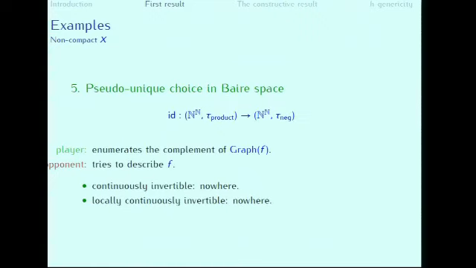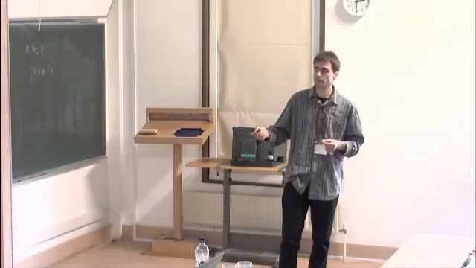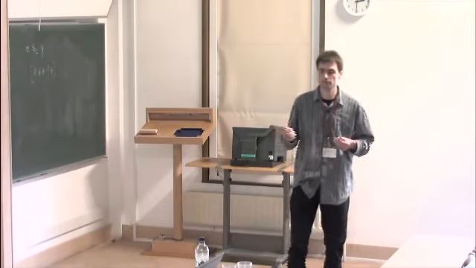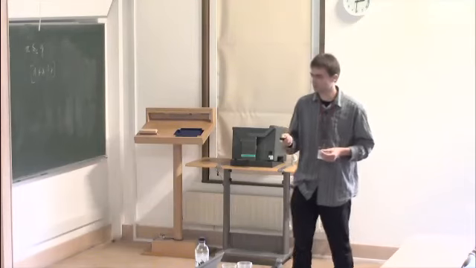In Baire space, this is not exactly the choice as defined by Vasco, but you can imagine a function from N to N. The player enumerates the complement of the graph, and the opponent tries to describe f. Actually, the opponent cannot do that, so the function is nowhere continuously invertible.